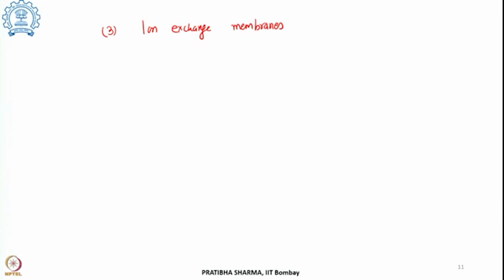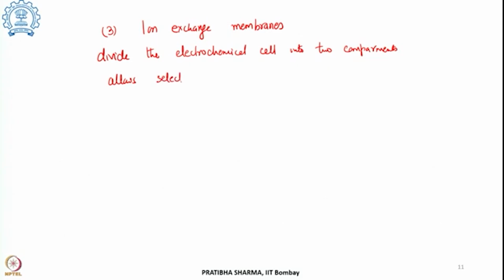These membranes divide the electrochemical cell into two compartments, and in that case we can use a separate anolyte or a separate catholyte. However, they allow only the selective passage of ions.